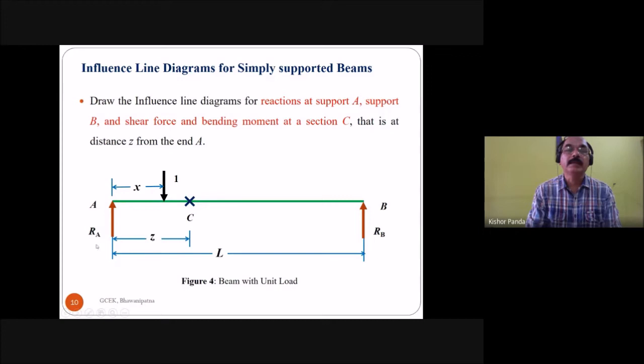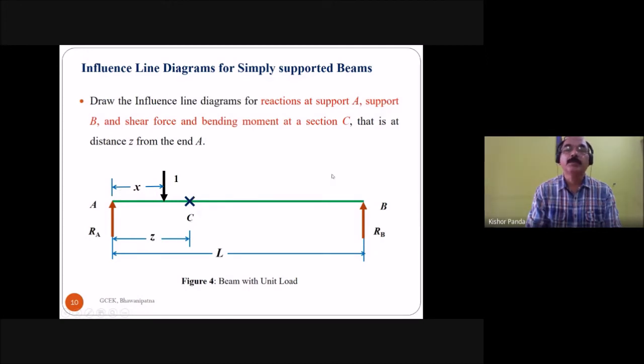And for the reaction at A, you have to draw the influence line diagram, and for the reaction at B as well. So here we will discuss the influence line diagram for reaction at support A, reaction at support B, and shear force and bending moment at section C.